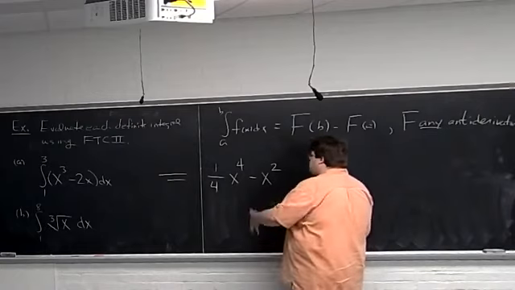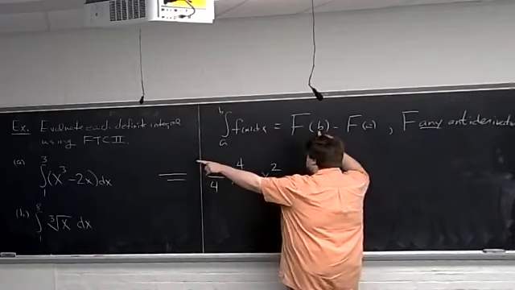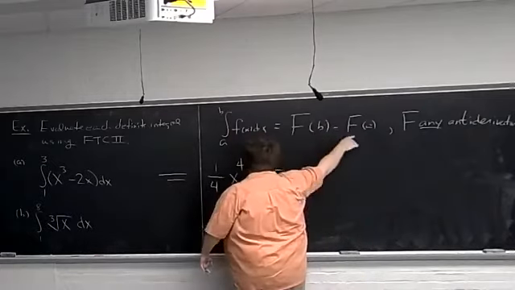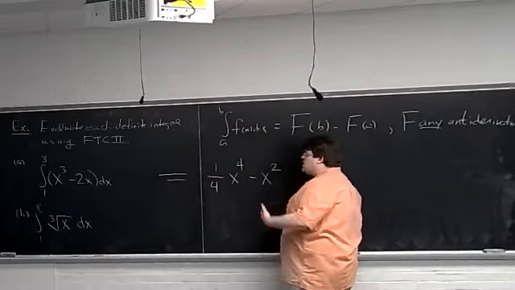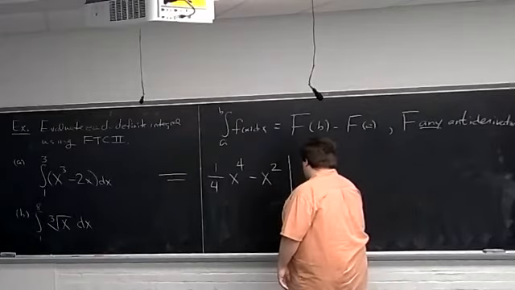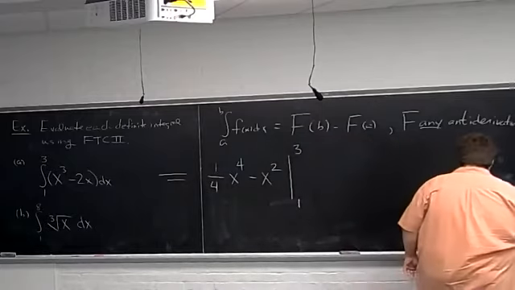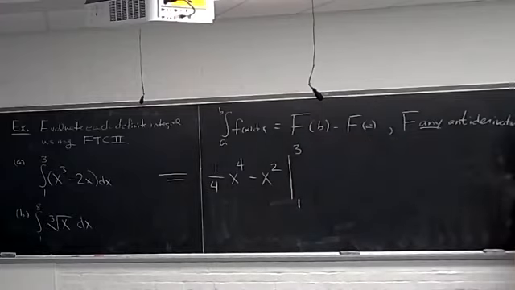We want to evaluate this antiderivative at 3 and at 1 and subtract that. And we have some notation for that. A large vertical bar with a 1 at the bottom and a 3 on top. We can use that to notate that we want to evaluate this at 3 and 1 and subtract what we get at 1 from what we get at 3.